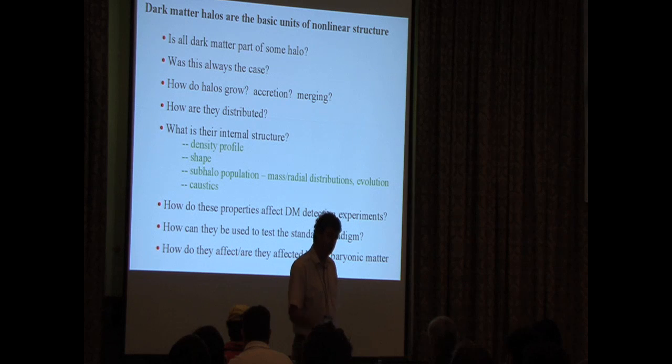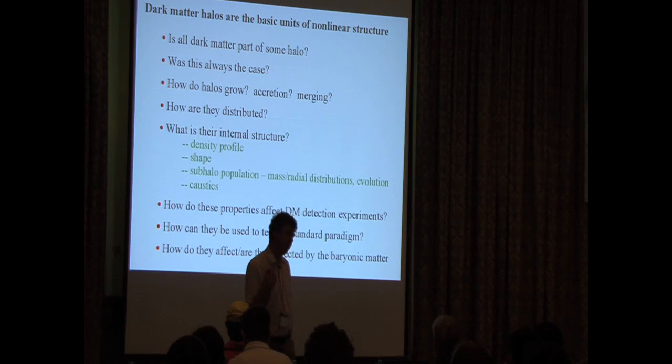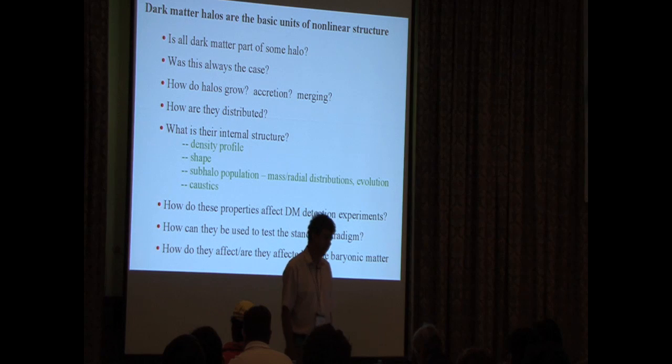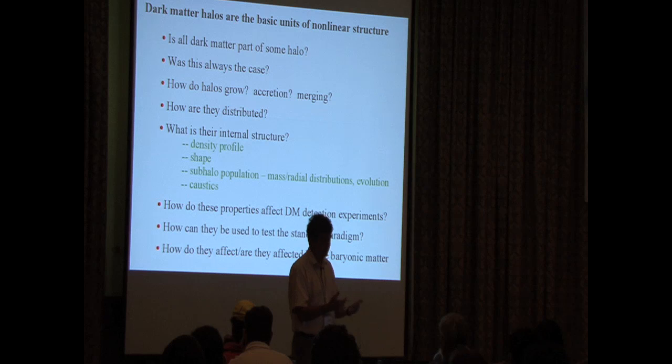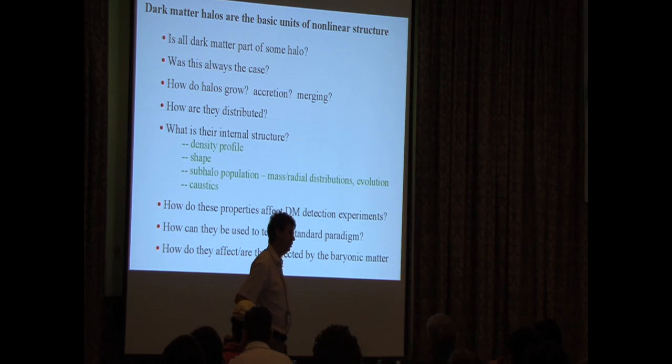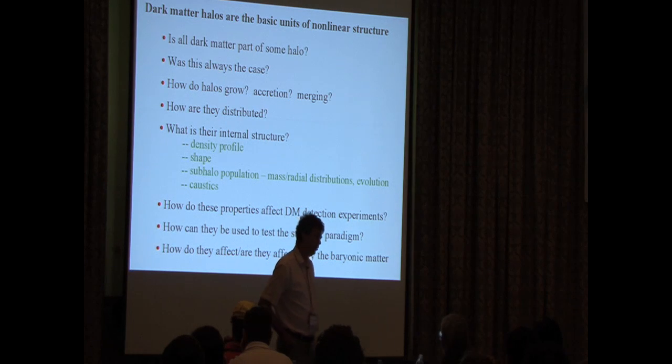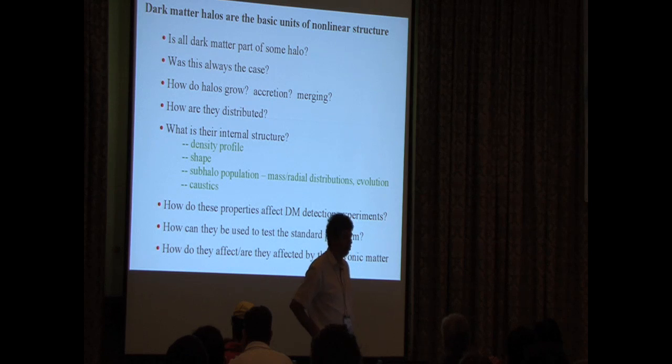Another aspect of trying to specify the properties of the dark matter distribution is that because some aspects of them can be well measured, we can then use them to test our picture for how structure has grown. But we can only do this provided we understand their properties well enough.